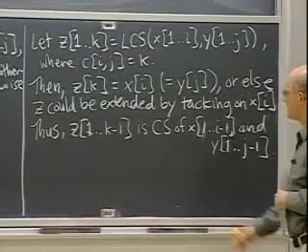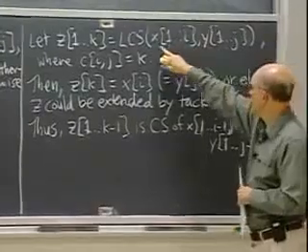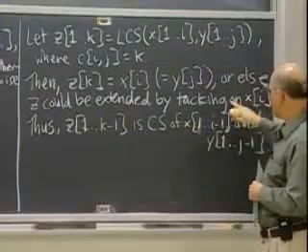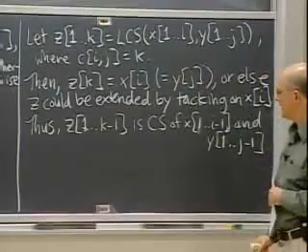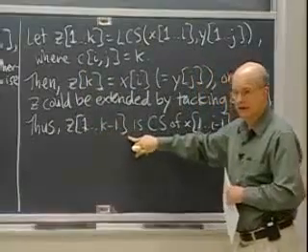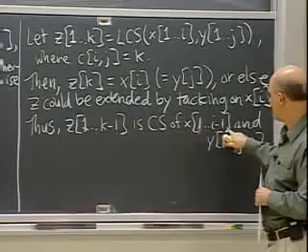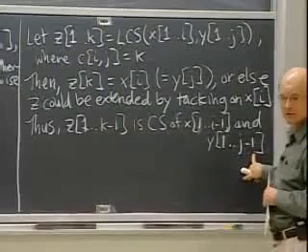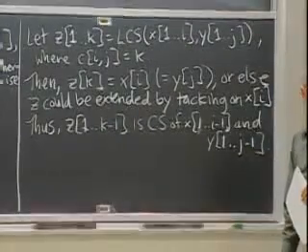Because z is the longest common sequence of x of 1 to i and y of 1 to j, and we know what the last character is. It's just x of i, or equivalently y of j. So everything except the last character must at least be a common sequence of x of 1 to i minus 1 and y of 1 to j minus 1. Everybody with me?